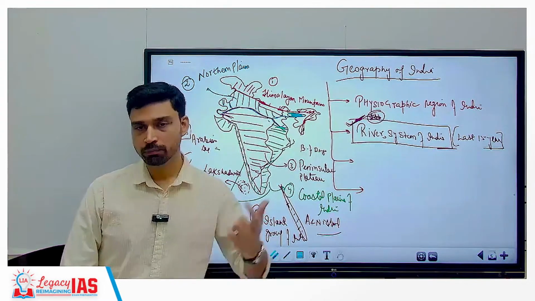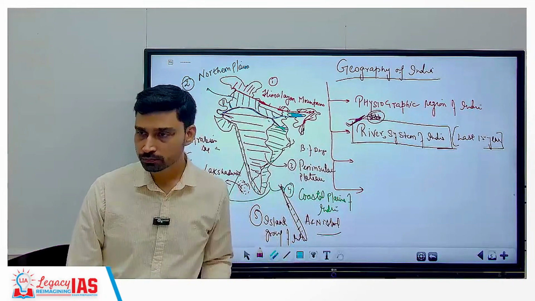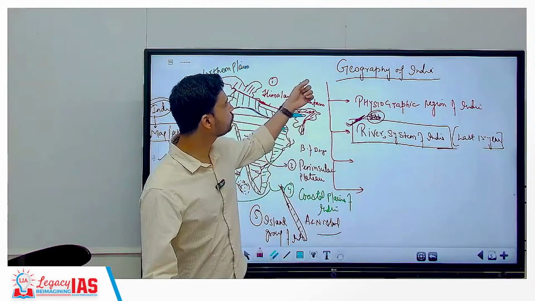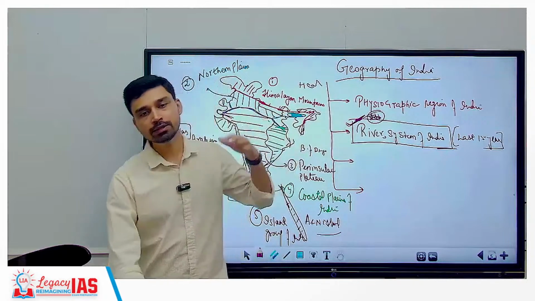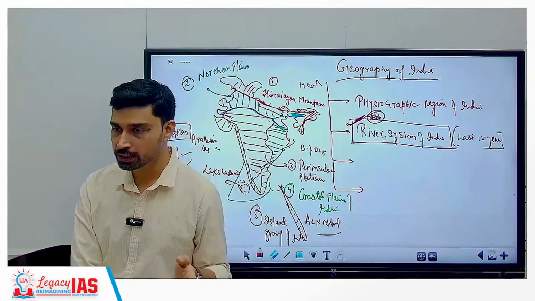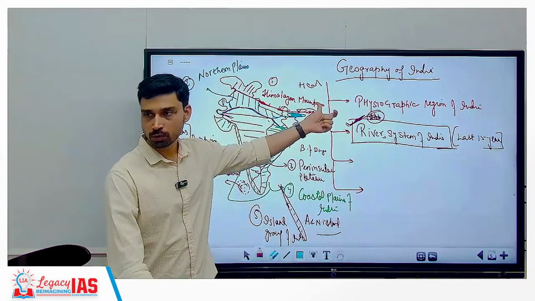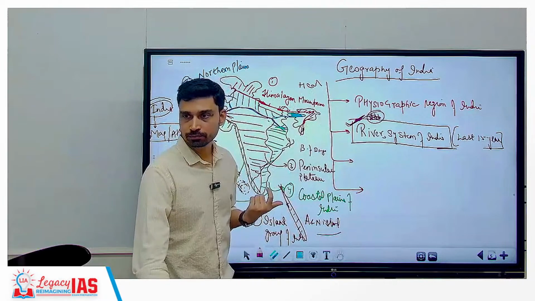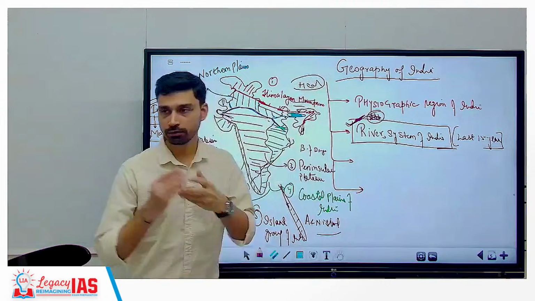But if you look at the length, right from the origin, where the river originates, the term used for it is head of the river. And then the river enters into the ocean or sea. It is called mouth of the river. So length is between where to where? Head to mouth. So in that case, which is the longest river? Ganga river, right? Now, if someone asks you that, forget about India.